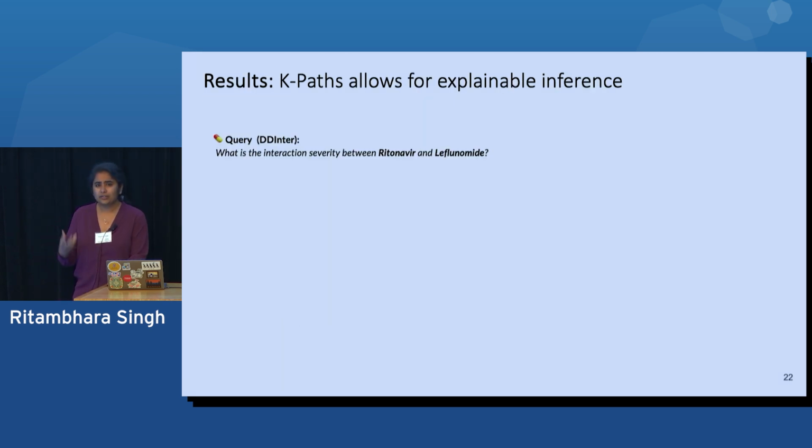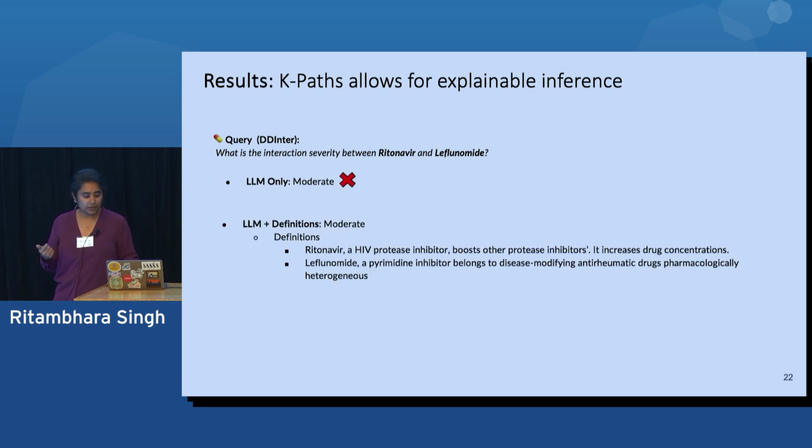And because we extract these very easy to understand reasoning paths that we feed into the query, we can also see why the model is making whatever predictions it's making. To give you an example, suppose this query from DD-Inter: what is the interaction severity between these two drugs? The LLM-only model says moderate, which is incorrect. The LLM with definitions also says moderate, which is incorrect.